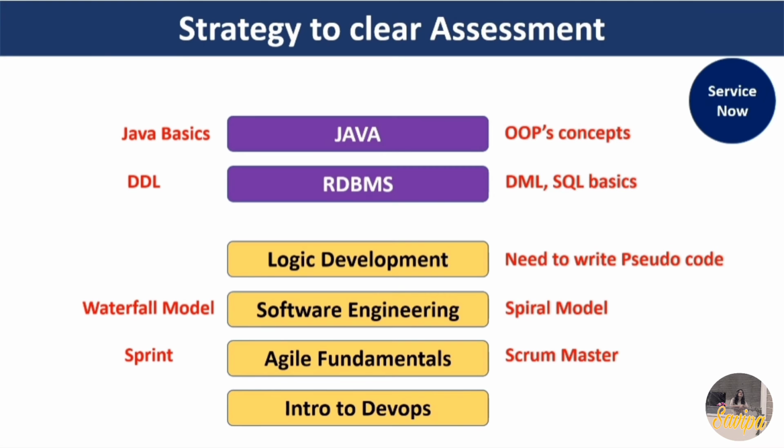Daily we need to tell them the status: what task we have done, what the deadline is, and what the status is. We also discuss doubts and the blockers in our task. Those things will all be there in the agile model.